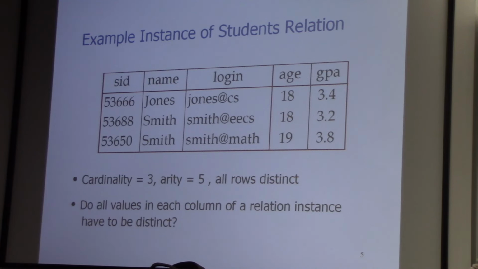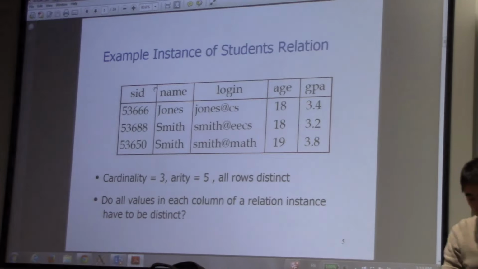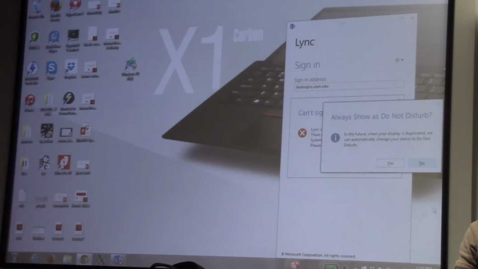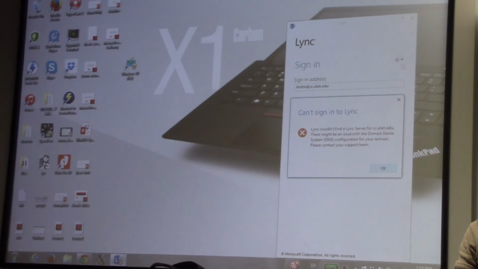Why is a relation a table? That's because it just looks like a table, and it has rows and columns. The columns of a relation are what we formally call the schema of a relation. The schema of a relation specifies two things: first of all, the number of fields or attributes, and the type of each attribute.